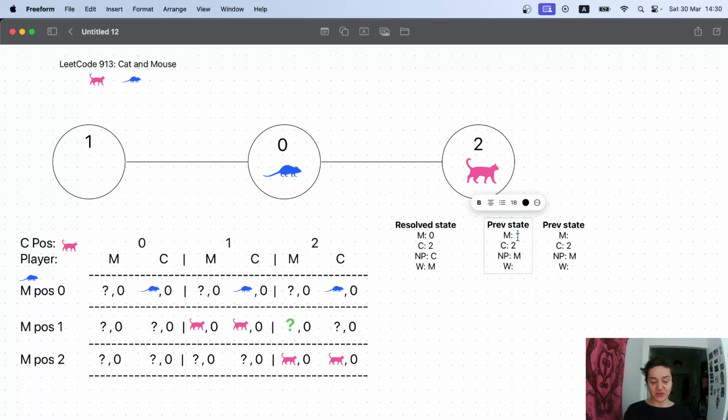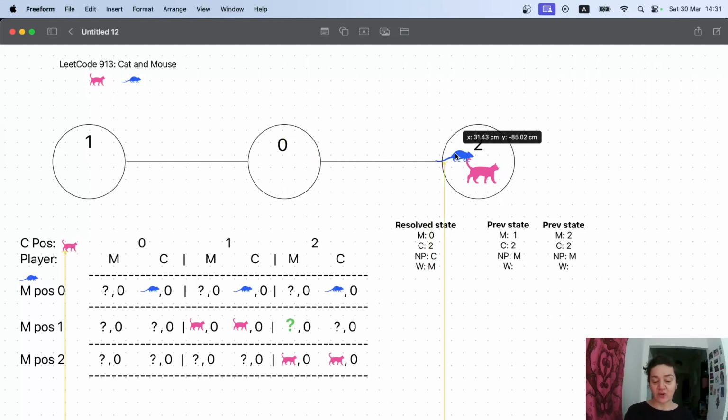He either came from 1, doing this, onto the resolved state, or he came from 2, doing this, onto the resolved state. Let's examine this one first. So, mouse at 2, cat at 2, mouse turn to play, and on this turn of his to play, he makes the move and wins onto freedom.